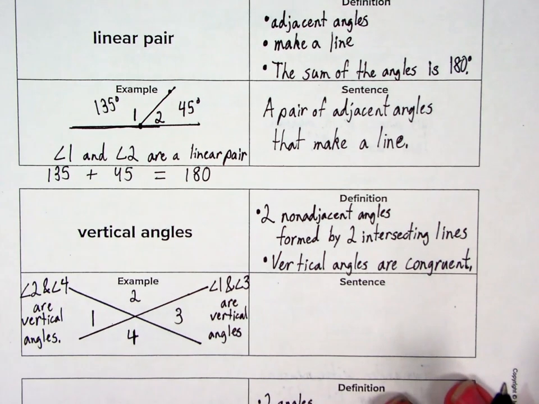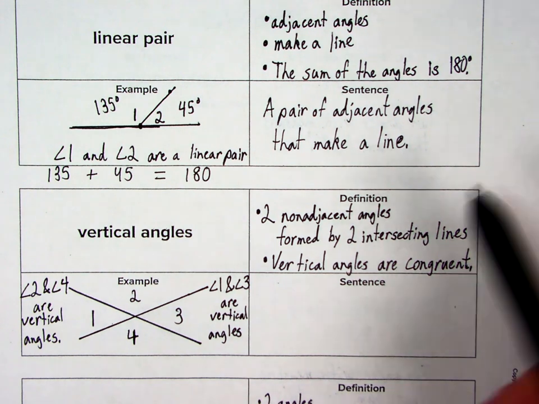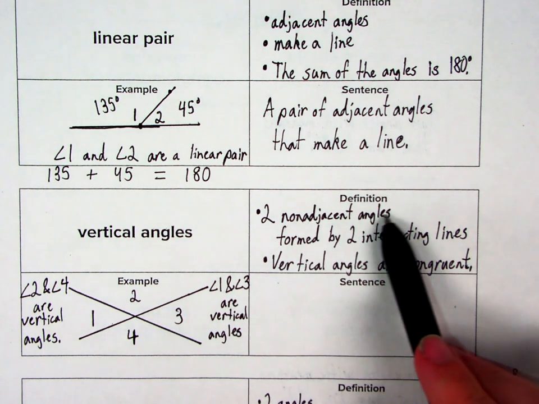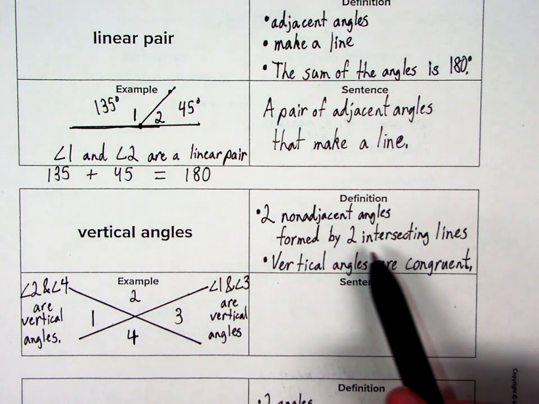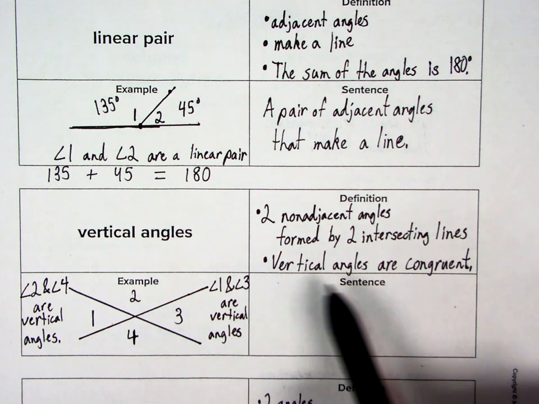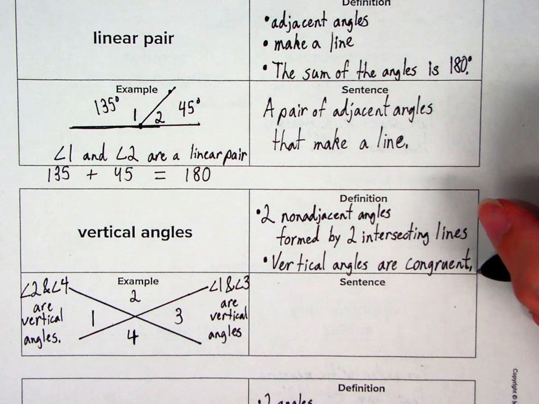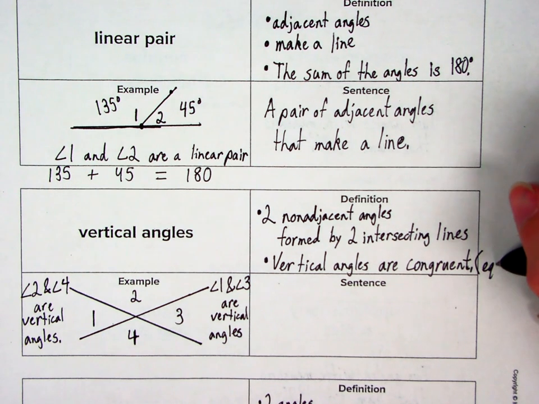Then we talked about vertical angles. Vertical angles are two non-adjacent angles formed by two intersecting lines. Our vertical angles are congruent. Remember, congruent just means equal.